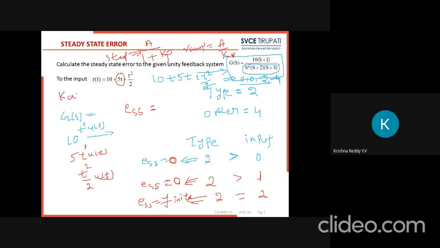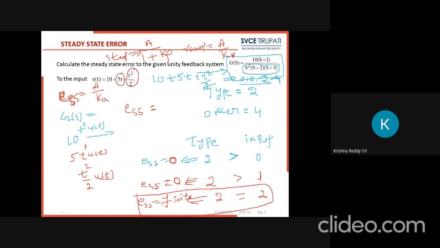When you are given parabolic input, it is A divided by Ka. Now, here we are given parabolic input to the second order system.